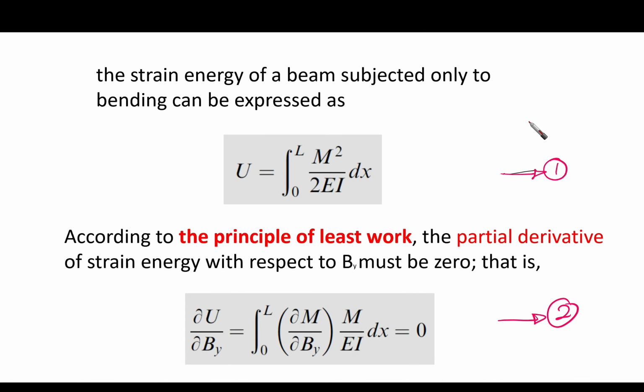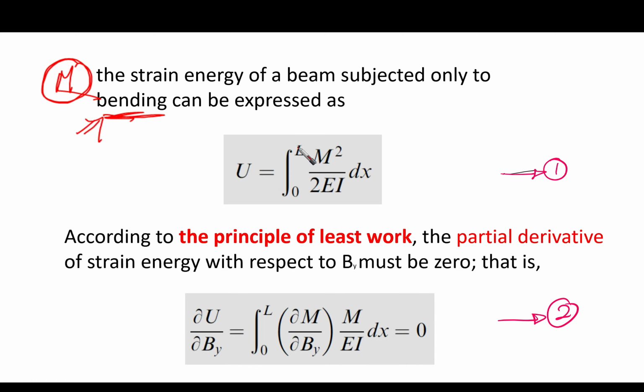Now, the strain energy of a beam subjected only to bending, moment. Why are we talking about bending here? Because the beam is controlled by the flexural straining action, so bending is the main parameter that we should consider.